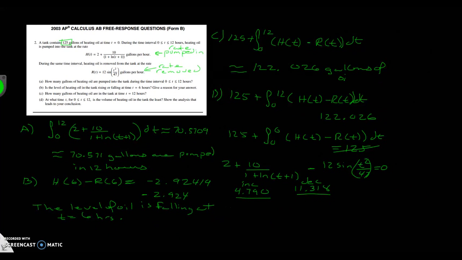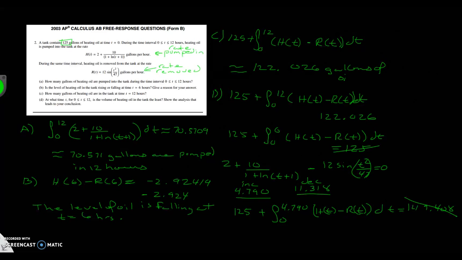So now, if you did it the hard way, you would do 125 plus the integral from 0 to 4.790 of h of t minus r of t dt, and when you solve this, you actually get 149.408 gallons of oil. So it's definitely not it, and that's what I was trying to tell you. If you use a graph, you would save time.